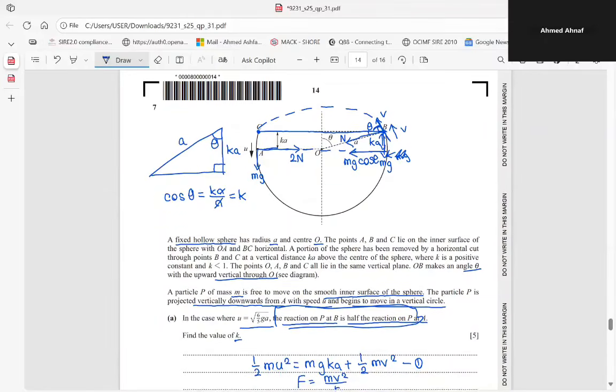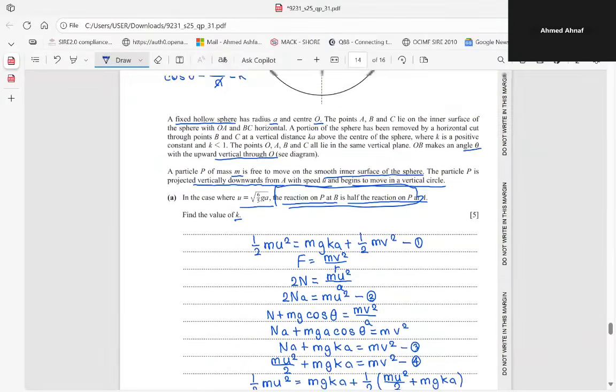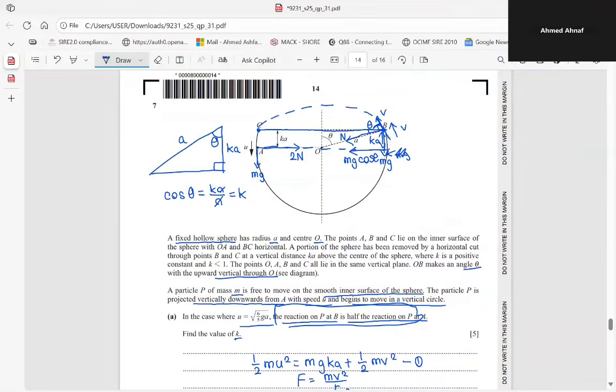Now we're going to find out the distance from B to C. Then we can know the horizontal distance that the particle has to travel from B to C. How about we just use Pythagoras theorem.